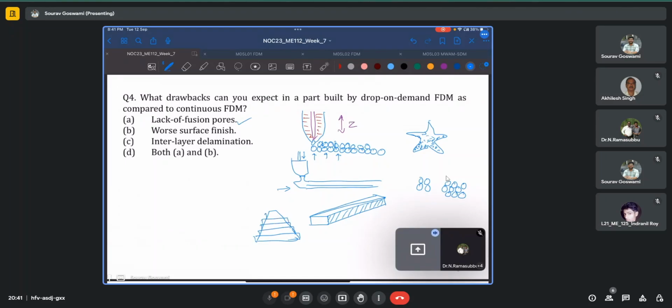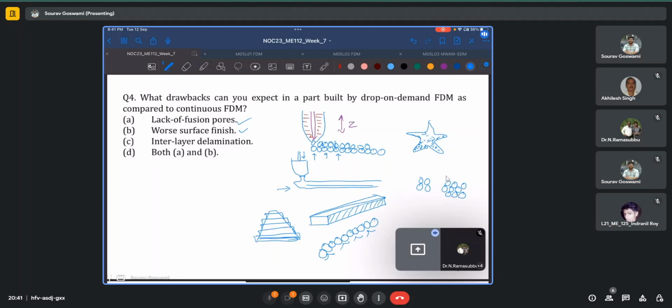But what I'm saying is that in the lateral surface of this individual track, at least, the finish would be more or less consistent. Whereas for the drop-on-demand based FDM, even for the same layer, if I am looking at it in a three-dimensional view, which is very difficult to draw, say this is one bead which I have deposited, even here I see that the finish is not consistent because of the curvature or the spherical nature of the bead. Thus, even the surface finish would be worse.